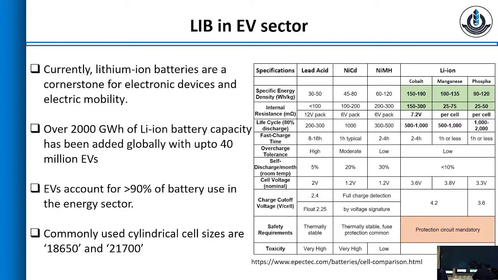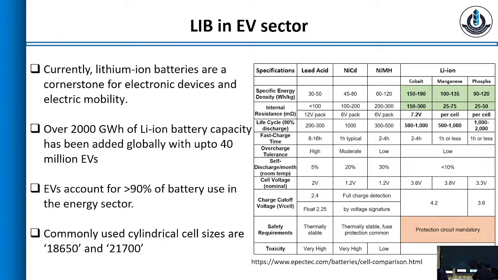But if you look at the safety requirements for this kind of lithium-ion based batteries, it is mandatory to have a protection circuit that manages the health of the battery. This is very important. Now, electric vehicles account for 90% of the battery usage that we have seen.